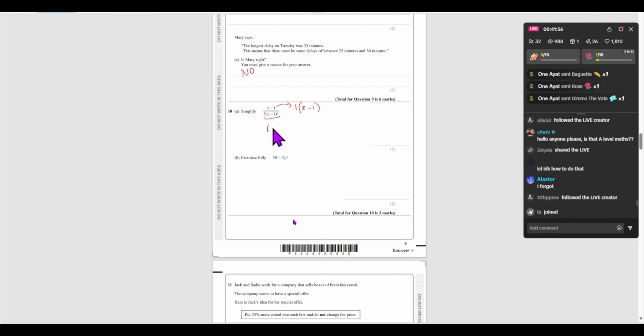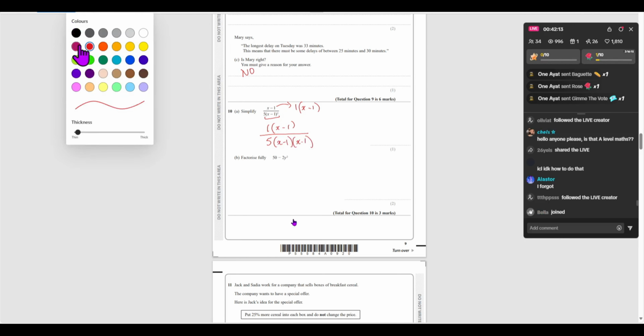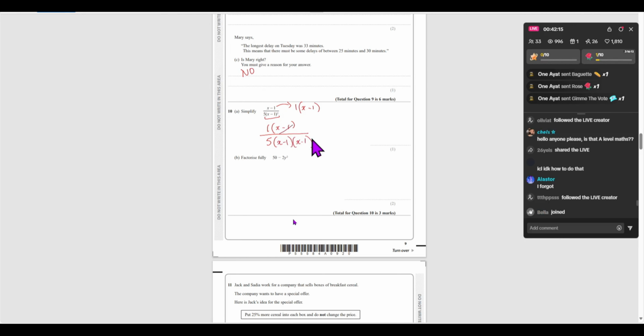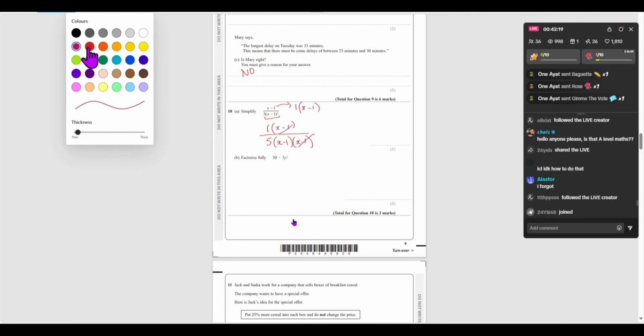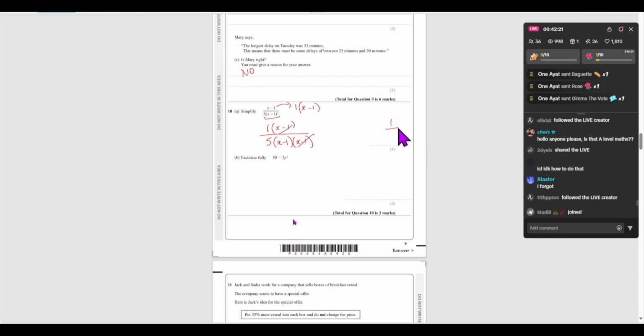So we'll get 1 x minus 1, and then 5 x minus 1, and then x minus 1, like that. Then, as you can see, we can cancel them out, and then you'll be left with 1 over 5x minus 1, just like that.